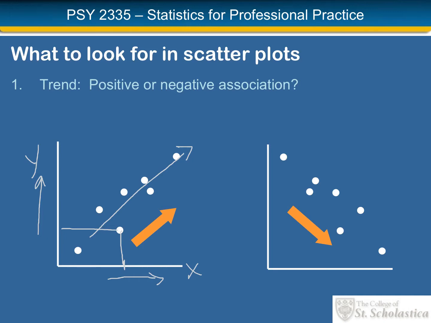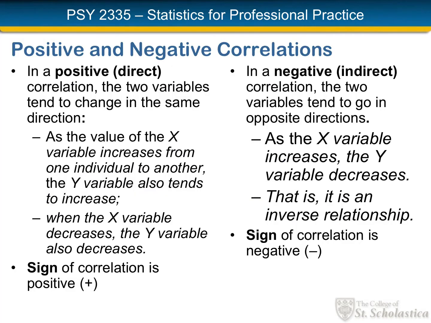In contrast, a negative association usually means that as the x variable gets larger, the y value in fact gets smaller. Our correlation coefficient represents that trend or direction in terms of the sign that's used. A positive correlation, where increasing values of x are related with increasing values of y, will end up with a positive correlation, something that's greater than 0.